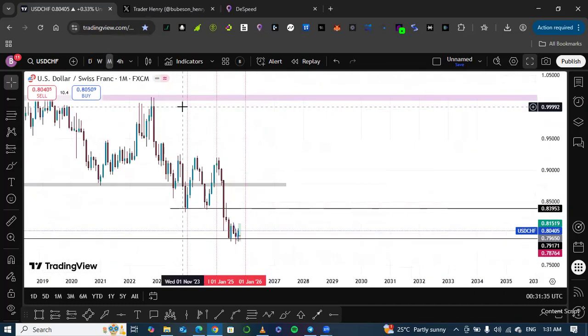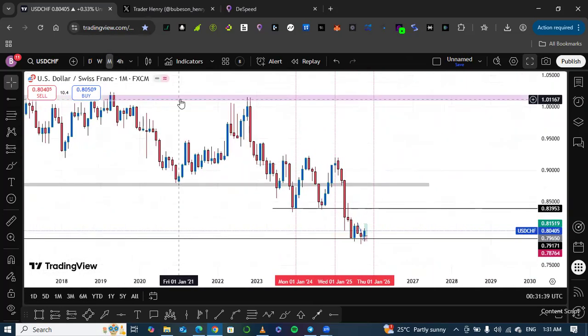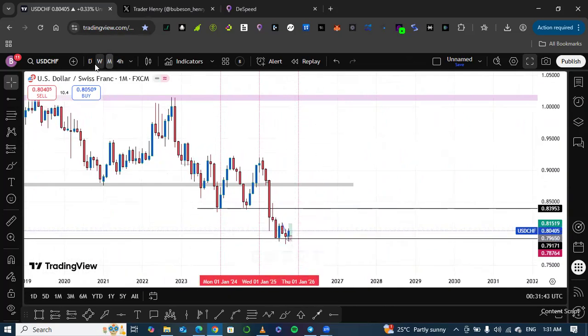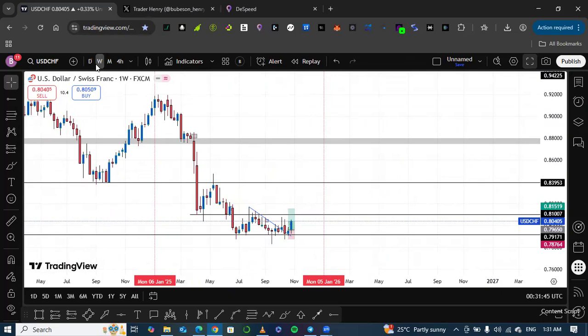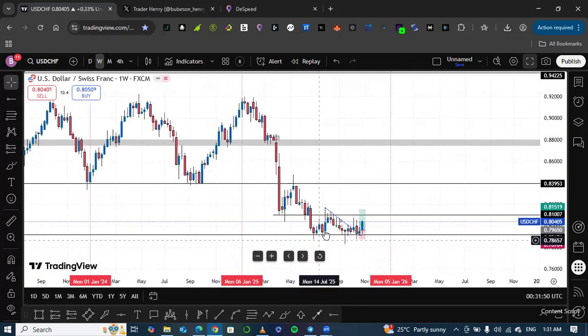Also, looking at the monthly time frame, as you can see, last month's candle already closed bullish. On the weekly time frame, I did this entry purely on the daily time frame. On the weekly, this is a double bottom, the same thing that DXY, GBPUSD and AUDUSD are saying.